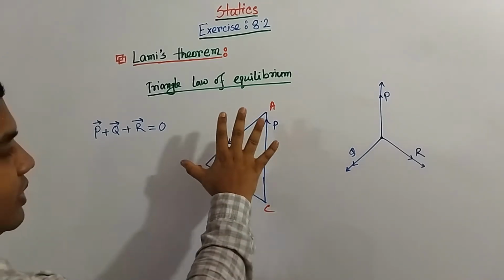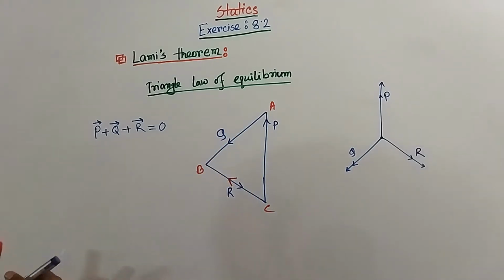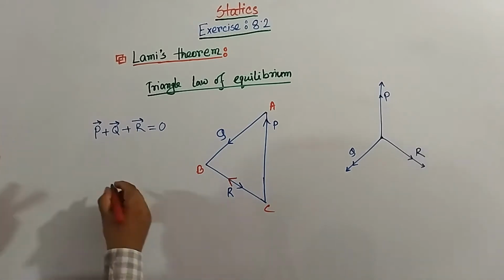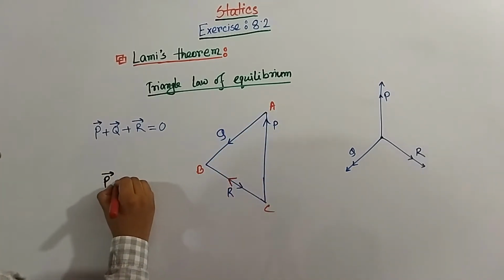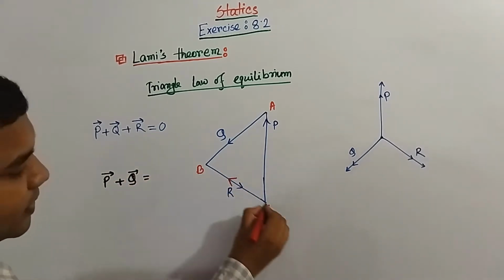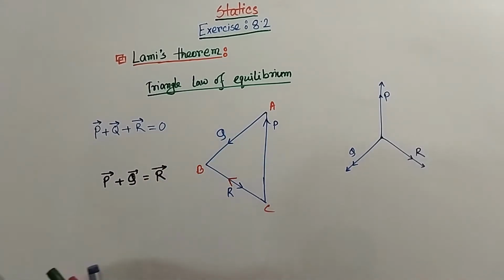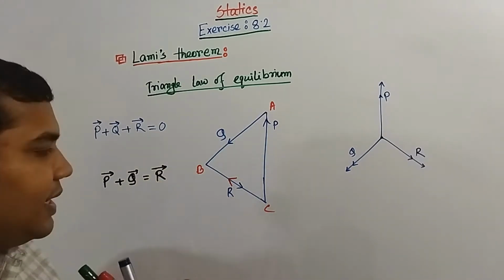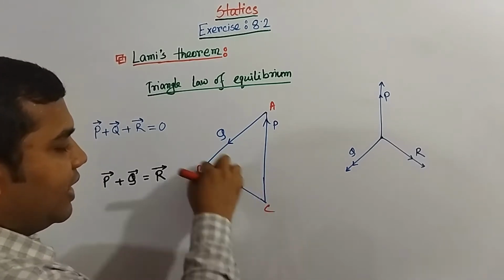So according to our triangle's law, we can write P plus Q should be R, because now we are thinking that R is not that way, rather R is working in that direction.